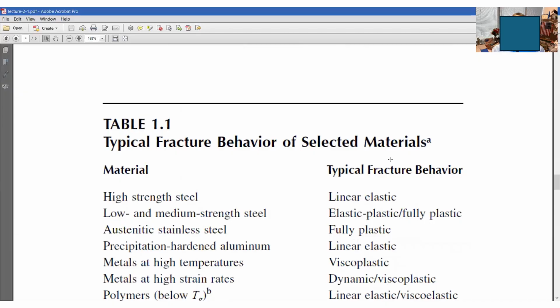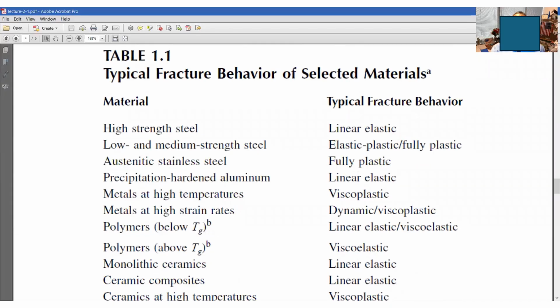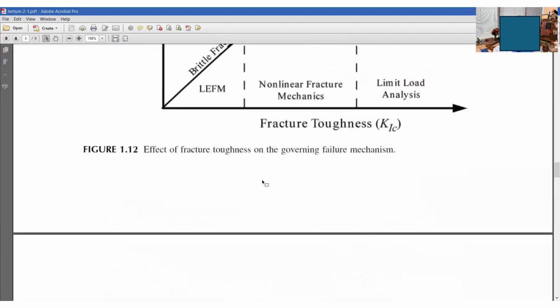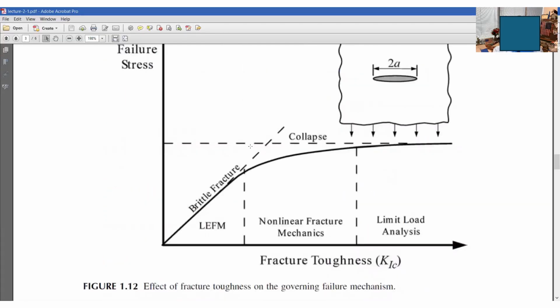And then this table shows the typical fracture behavior of selected materials. For these typical materials, for example, high strength steel is linear elastic, right? Low and medium strength steel is elastic plastic, fully plastic. This table is based on this, okay, guys?